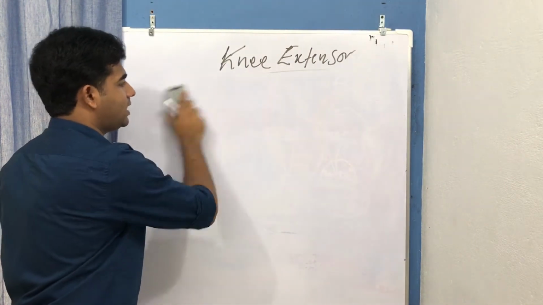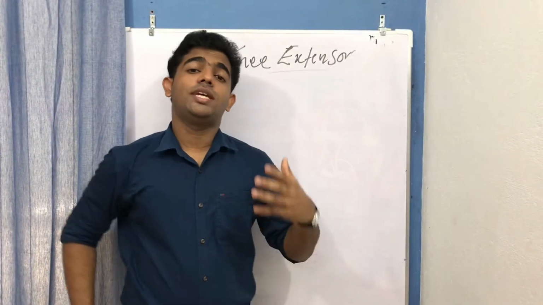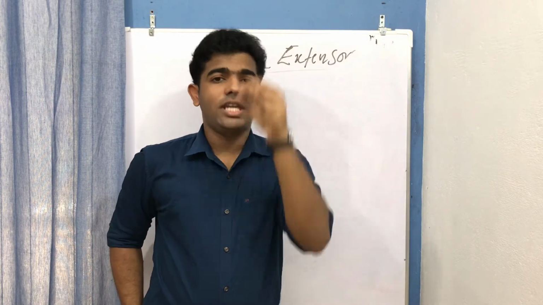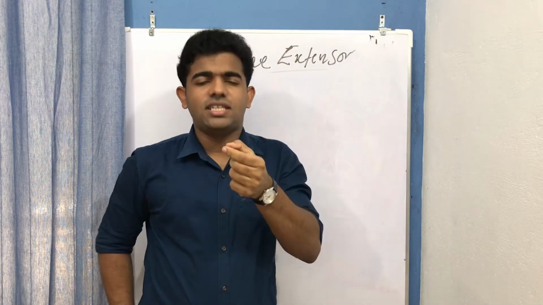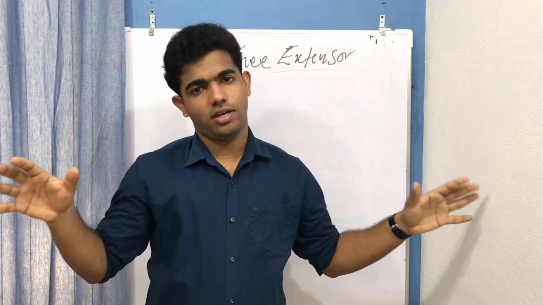But still, at extension, the very slight contribution of the patella to the knee joint motion or the quadriceps motion is very, very crucial, because the muscle itself is at its shortest position, and this slight assistance by the patella can make a huge difference.